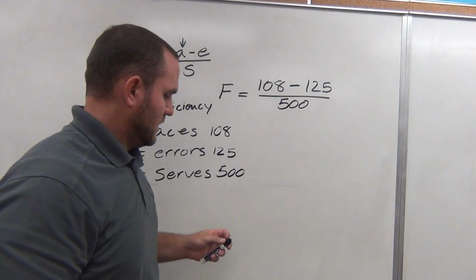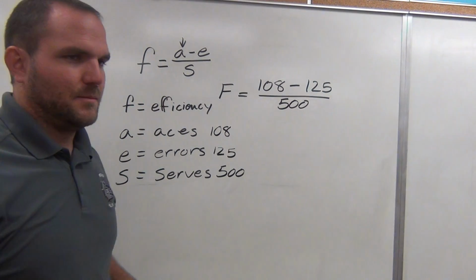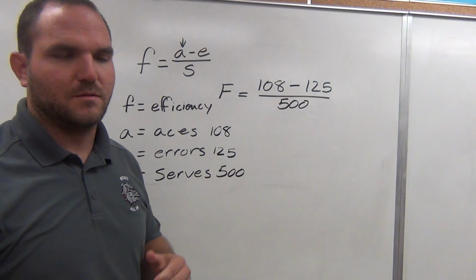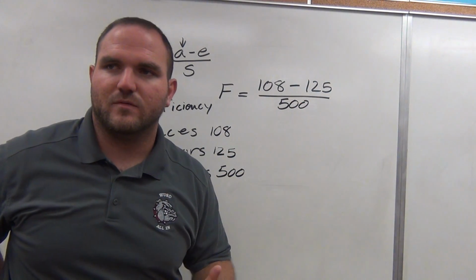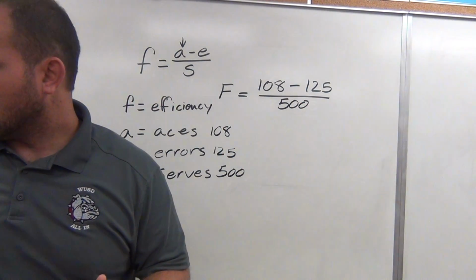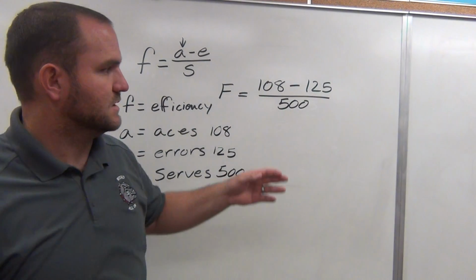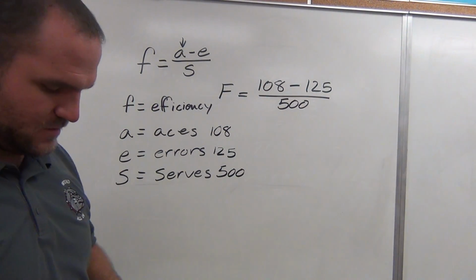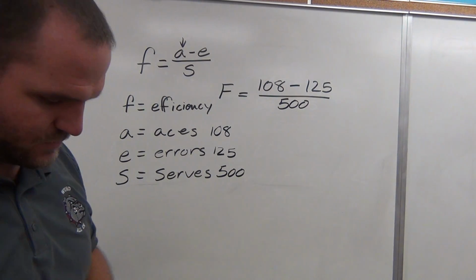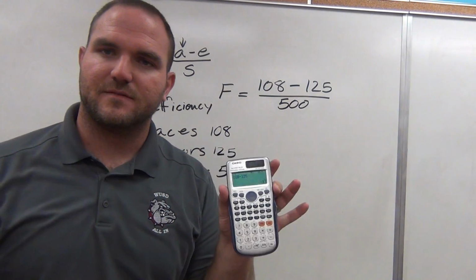Okay, now, you could do it a couple ways. We've been talking about in past videos of dividing both numbers, but because there are no variables that are missing, I would suggest just subtracting the top number. Now, if you did that, it would be 108 minus 125. That would be a negative 17.